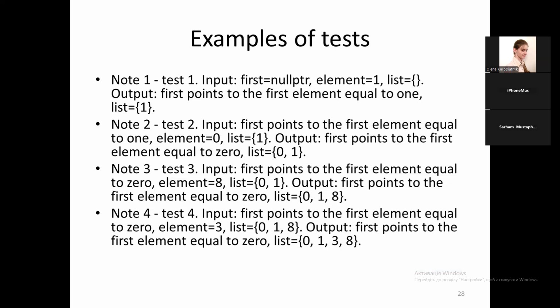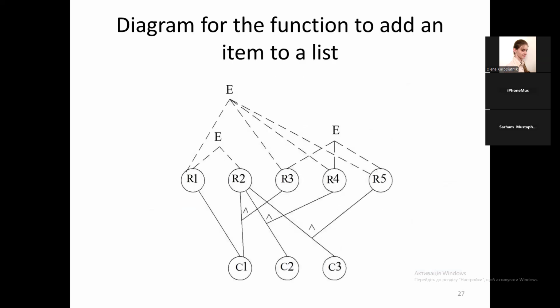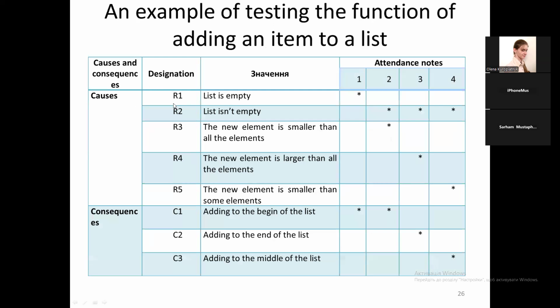For a big function, this function has 5 reasons and 3 variants of results, but for all these reasons and consequences, for all their combinations, I need only four tests. And to check that it is the right decision, I need this method.